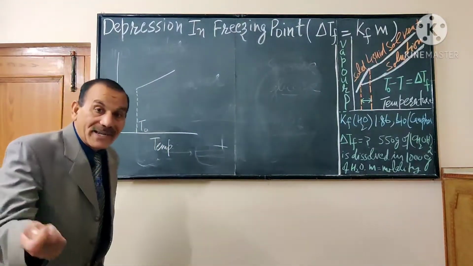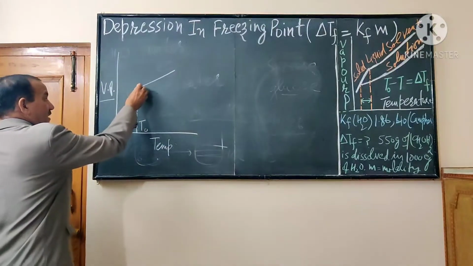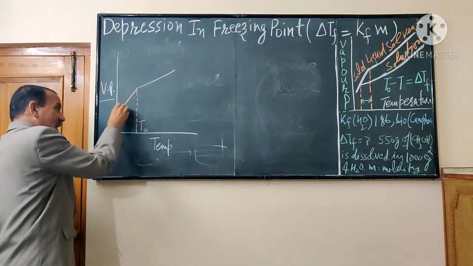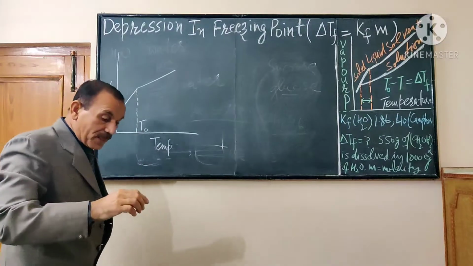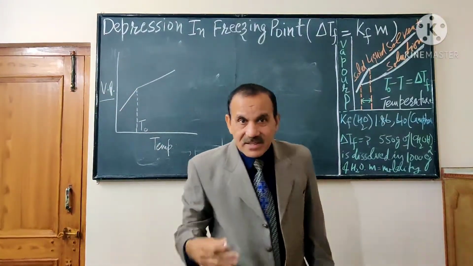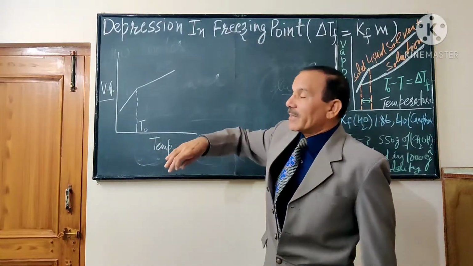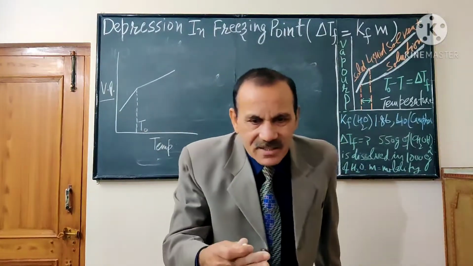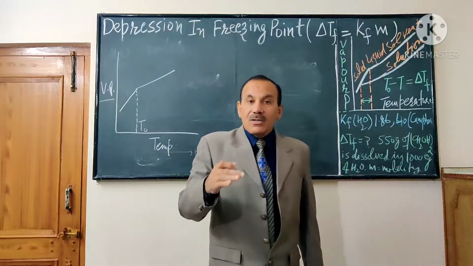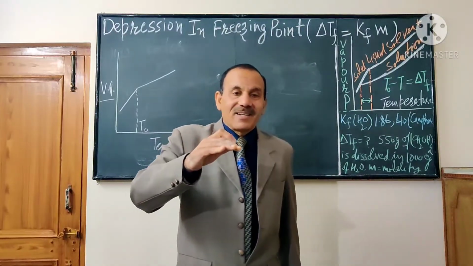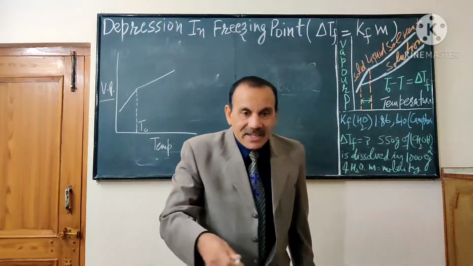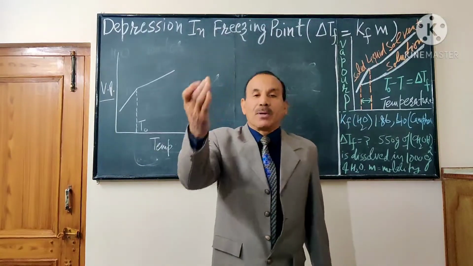Further, if we cool ice, then the graph obtained is like this. The vapor pressure of ice is very low. When we heat ice below 0 degrees Celsius, ice directly changes into vapors.